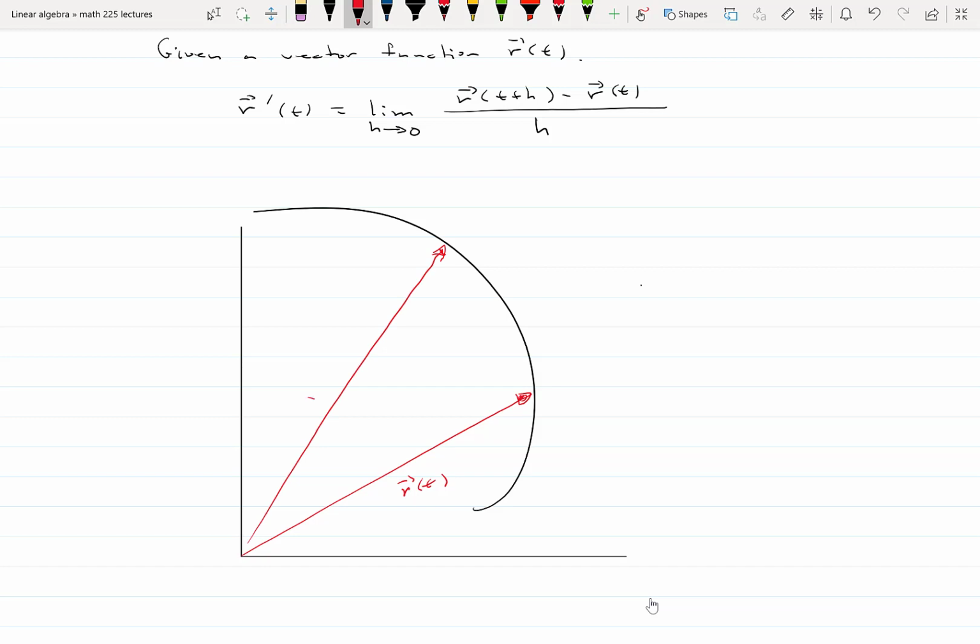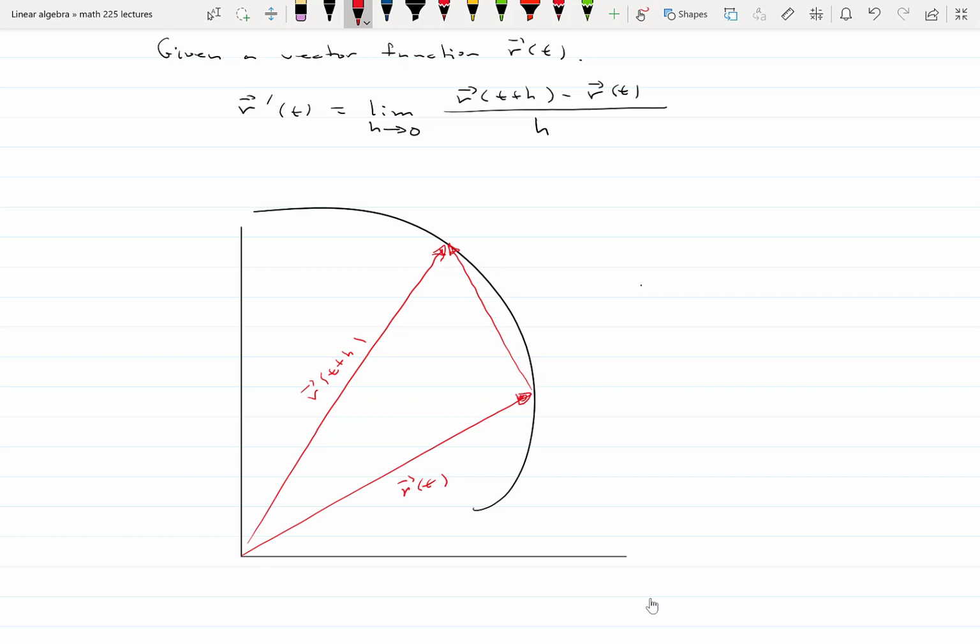So this new position vector is r of t plus h. What I would like is the displacement vector, the vector from the tip of r of t to the tip of r of t plus h. I want this vector right here.